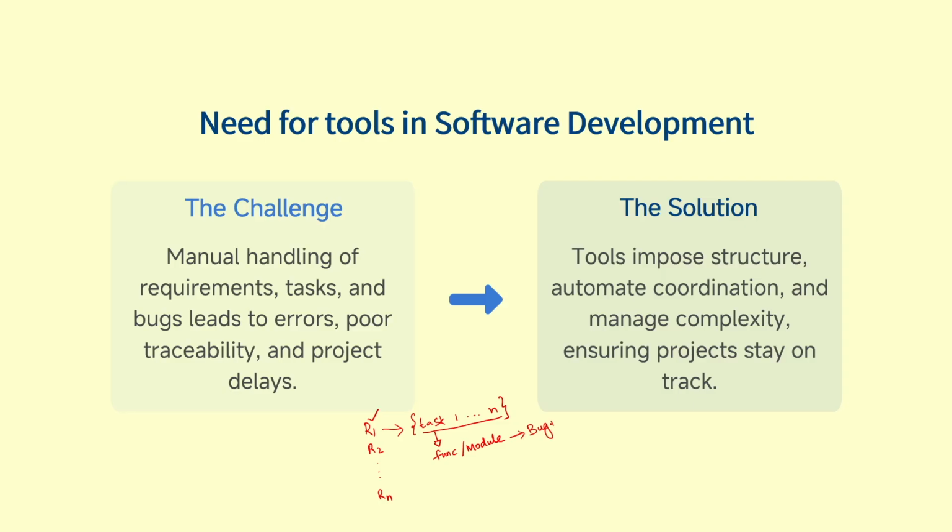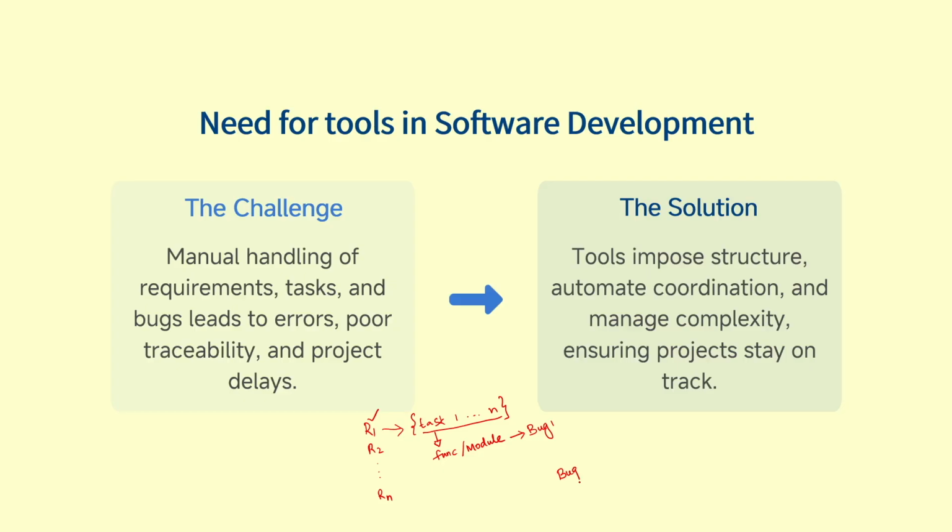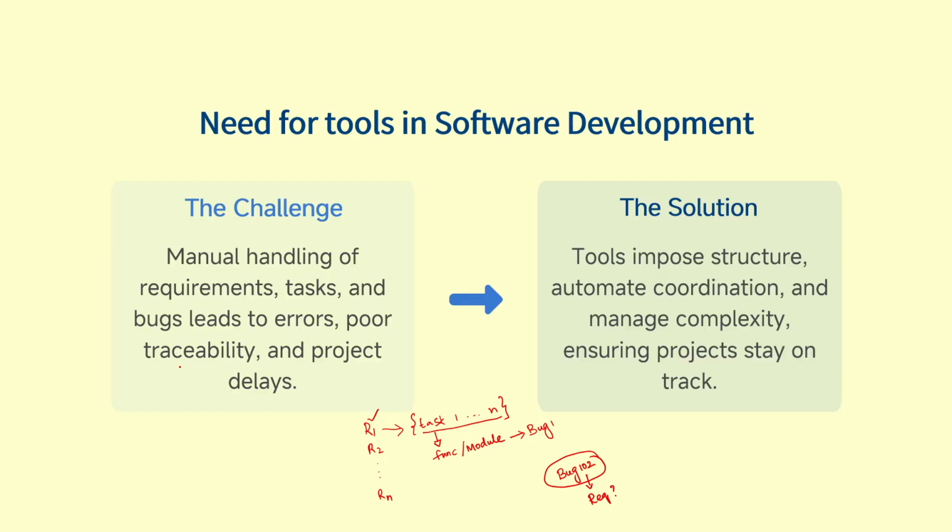When you have everything like this in your hand in a manual way, say, if I have bug number 1 or 2 and I have to identify to which requirement it is associated, identifying that would be very complex and is going to have many issues. So, there is very poor bug tracking with respect to errors, and the traceability is very poor.